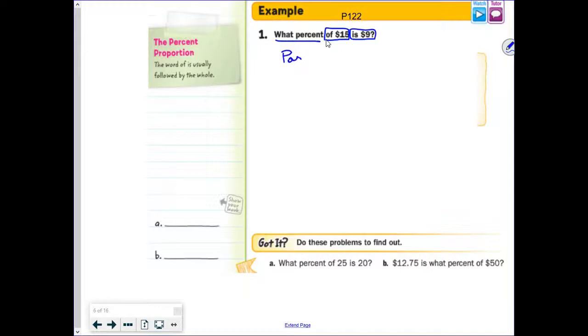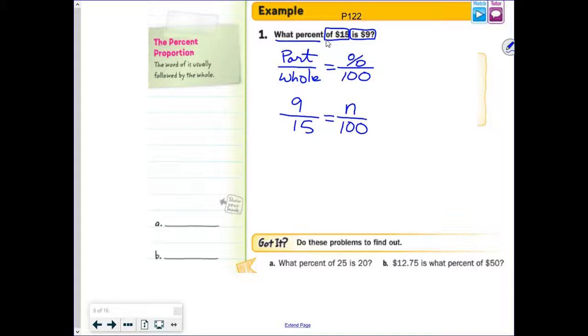So if I use my proportion, part over whole equals percent over 100, then I can just plug those pieces of information in. 9 was my part because it's got the word is with it, so it would be 9 over my whole, which is represented by the word of, 15, is equal to my percent. I don't know. Remember, we use the variable n for percent. And then the bottom number is always going to be 100. So I can just plug that in.